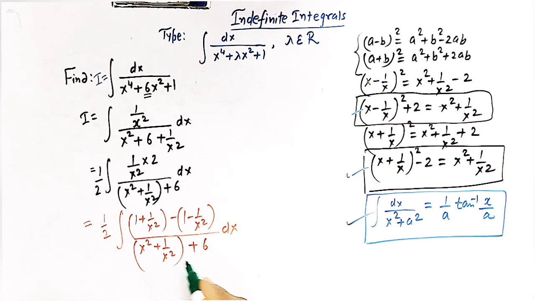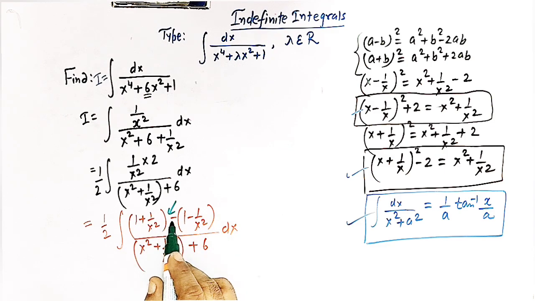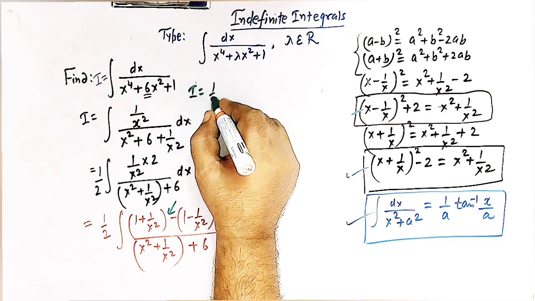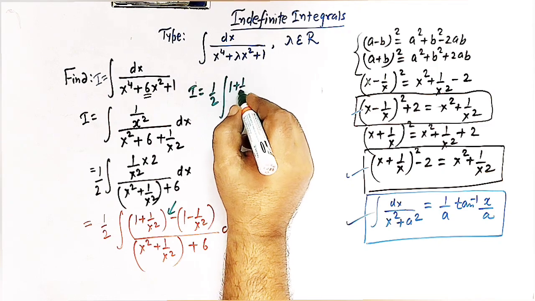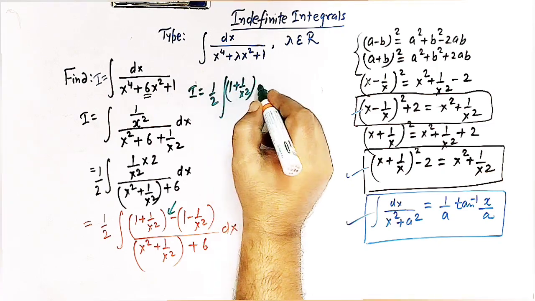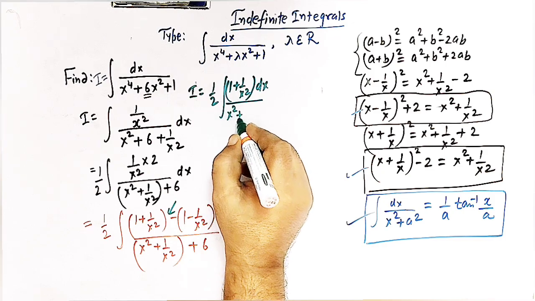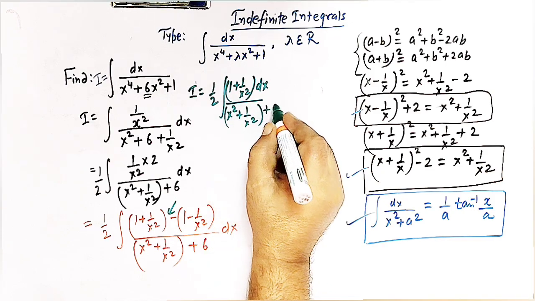So now the next step is to split this integral as a difference of two integrals, right? So here we'll split this integral at this negative sign, that is we'll write I is equal to half, then we have 1 plus 1 over x square, and here we have dx, in the denominator we have x square plus 1 over x square, and here we have plus 6.